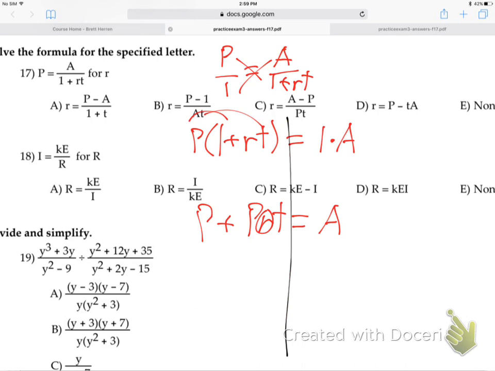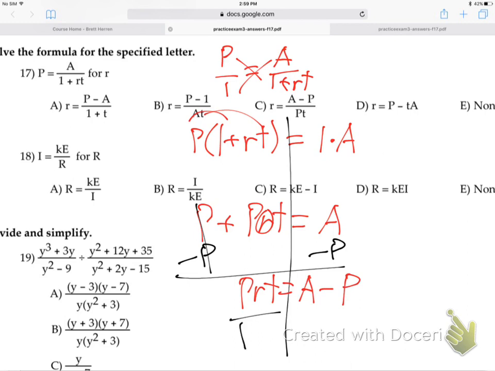So what do I do first to get him alone? Subtract that P. Starting on the outside, huh? Subtract that P first, exactly. And we have PRT is A minus P. And finally, to get the R alone, divide by the P and the T. There it is, R's alone. A minus P over PT? Yep, C. Answer C.